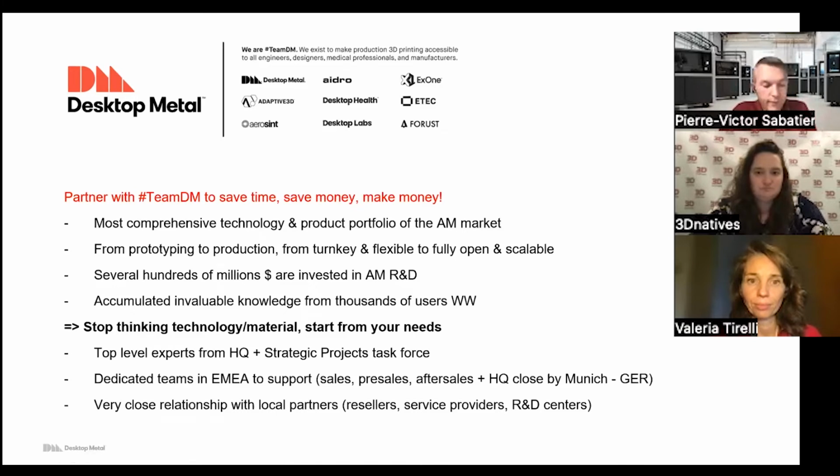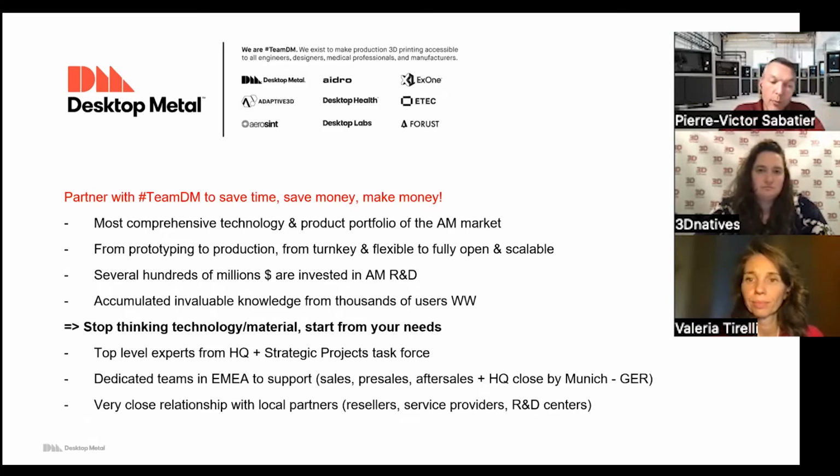As I said, we have turnkey solutions, very easy to use, very easy to operate and to install, but we have also fully open and scalable solutions to go to mid-volume and big volume production. And we have the widest product portfolio on the market, not only in terms of technologies, but in terms of materials. And sometimes one customer can come and say, okay, I need aluminum parts for this application.